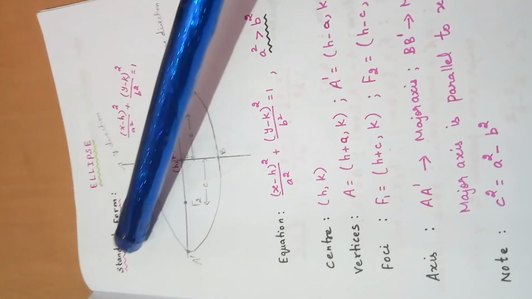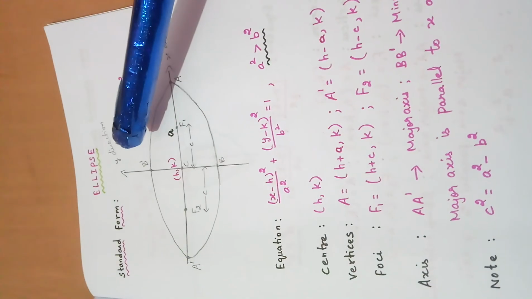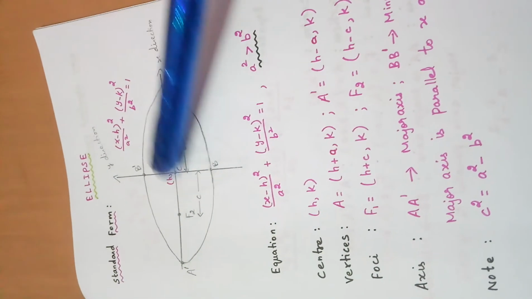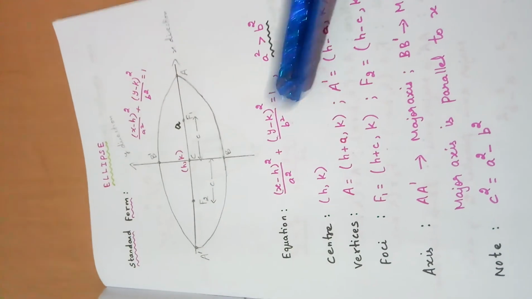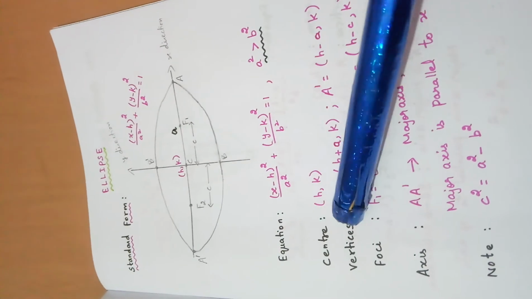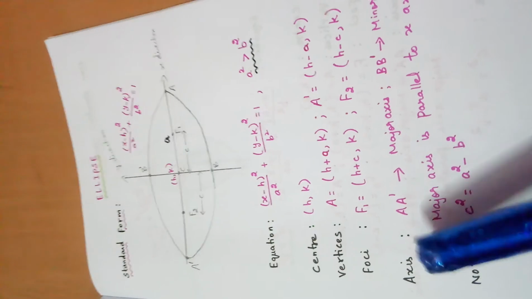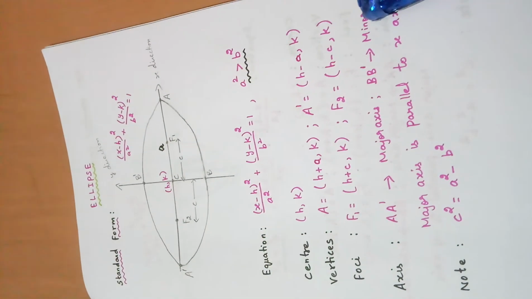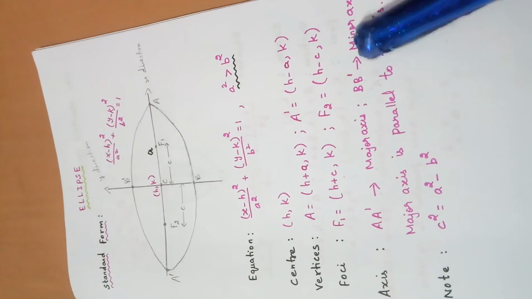So when we take the first type, standard form, you have to learn all these things. Standard form, what is the equation? This is the equation. What is the center? What is the vertex formula? What is foci formula? What is axis formula? Which are all major axis, which are all minor axis, you should know.